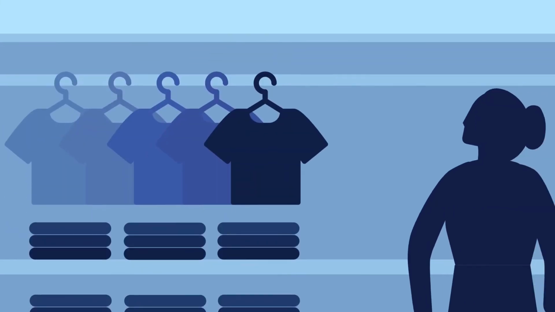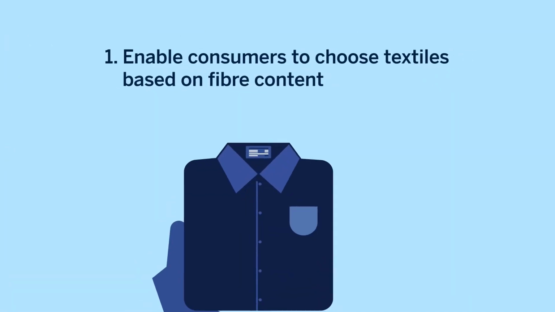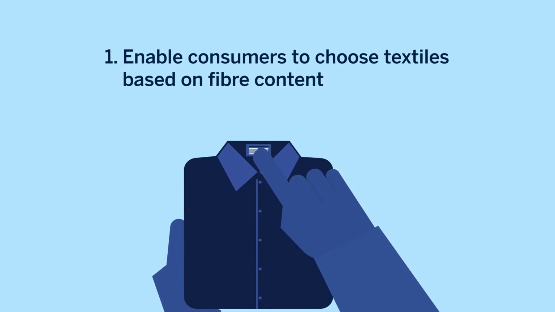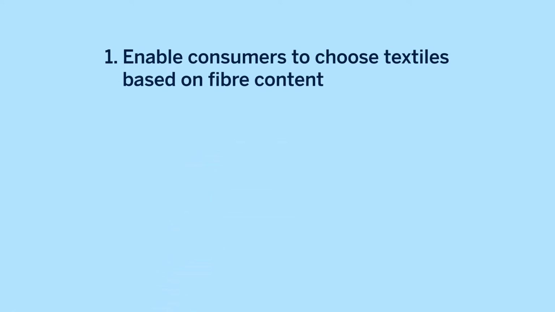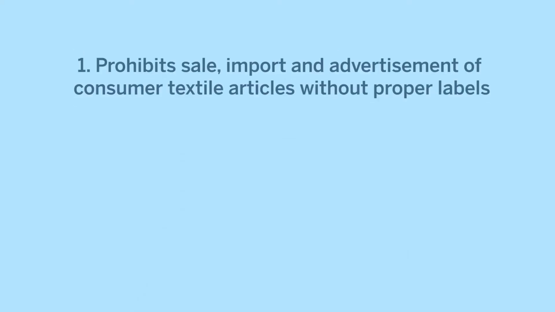The Textile Labeling Act is meant to achieve 2 goals. It enables consumers to choose textiles on the basis of their fiber content, and it protects consumers from misrepresentations in the labeling and advertising of textile fiber products. The Act achieves these goals in 3 ways.